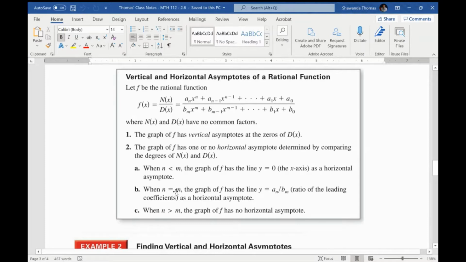When the degrees are equal, the graph has the line y equals the leading coefficient of the numerator divided by the leading coefficient of the denominator, or in other words, the ratio of the leading coefficients. And when the degree of the numerator is greater than the degree of the denominator, the graph of f has no horizontal asymptote.